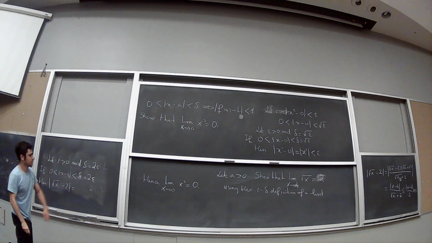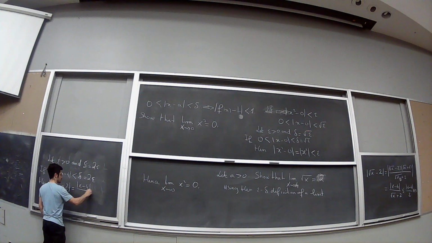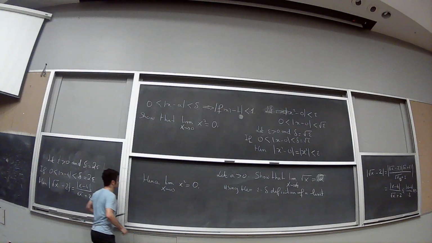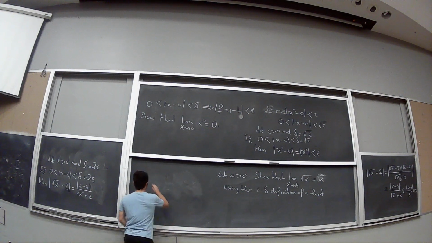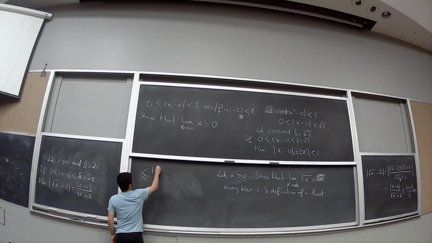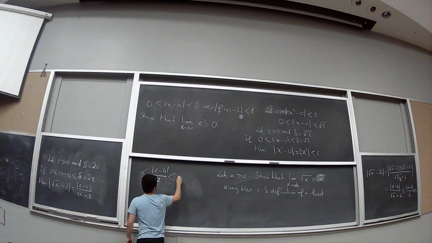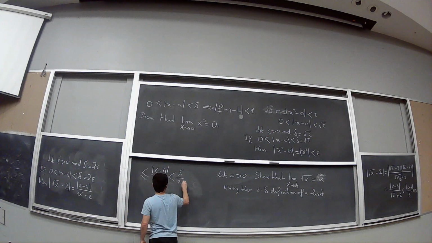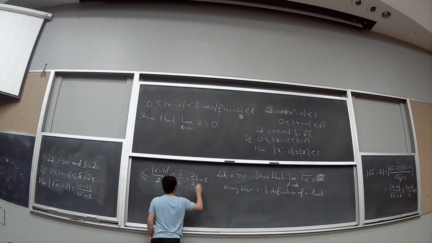It's equal to the absolute value of x minus 4 over root x plus 2, and this is, well, strictly less, but let's say less than or equal to the absolute value of x minus 4 over 2, which is strictly less than delta over 2, and delta over 2 is 2 epsilon over 2, which is epsilon.